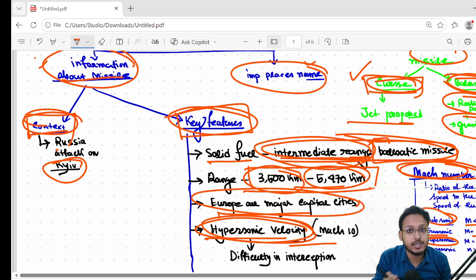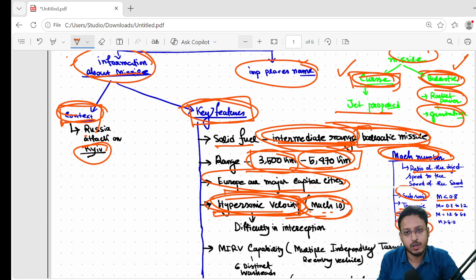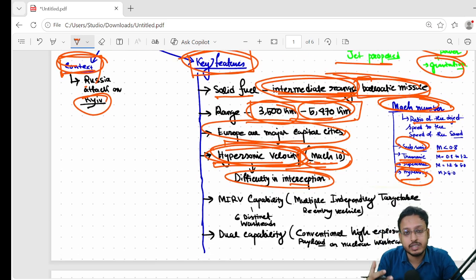More than that, more than Mach 5, it becomes hypersonic. In this case, the missile speed is around Mach 10, and because of that high speed, it becomes very difficult for interceptors, difficult for interception.